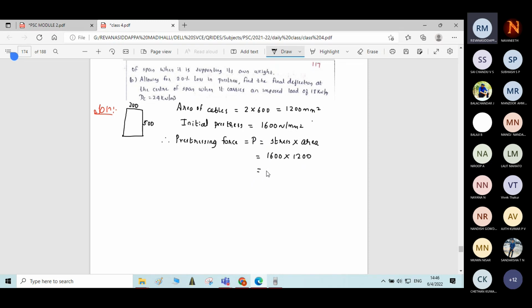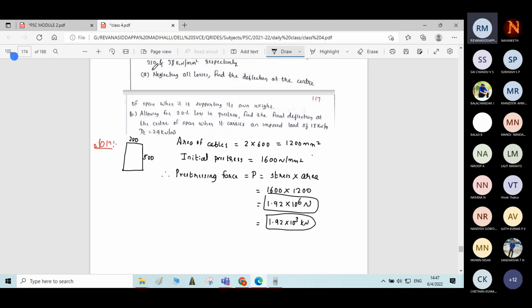If you calculate, you will get the answer as 1.92 into 10 power 6 Newton as pre-stressing force, or else 1.92 into 10 power 3 kilonewton.